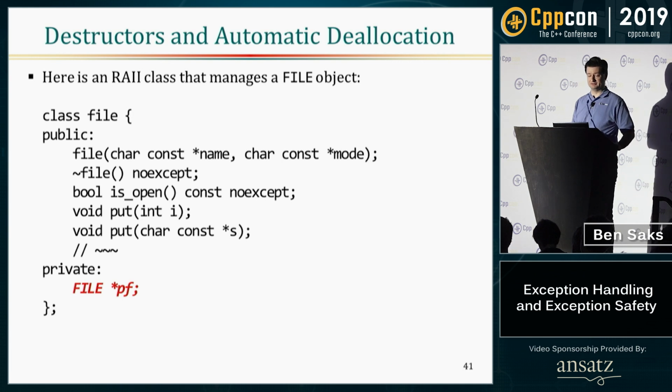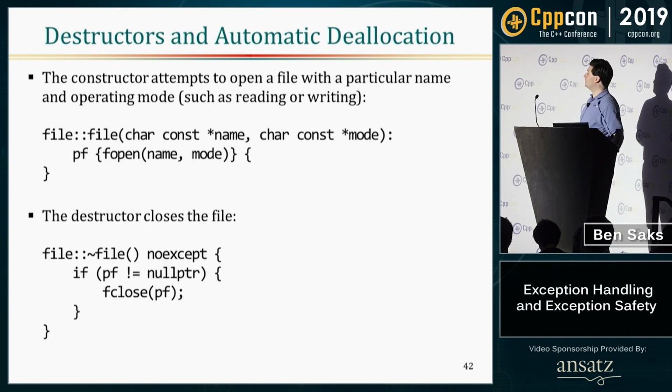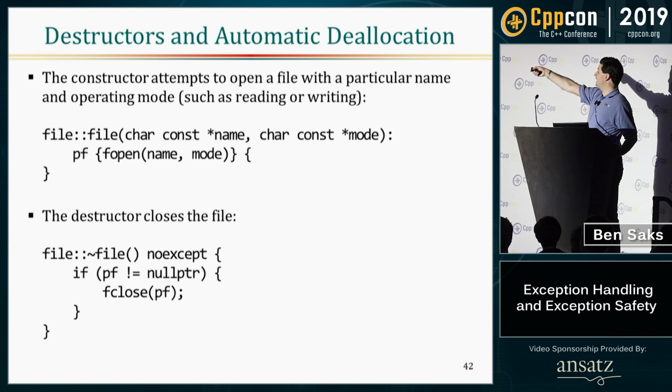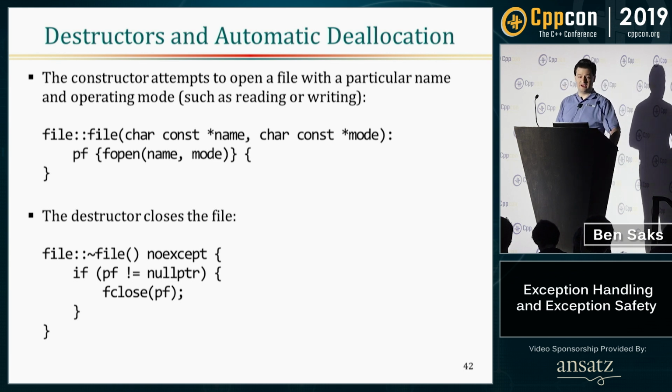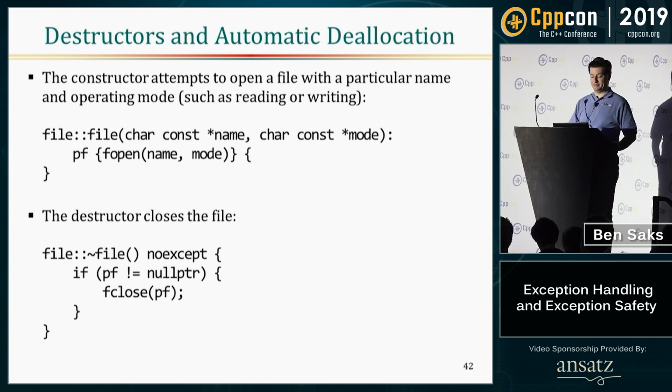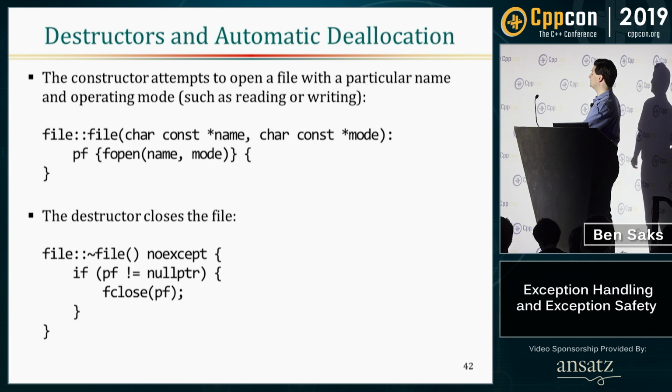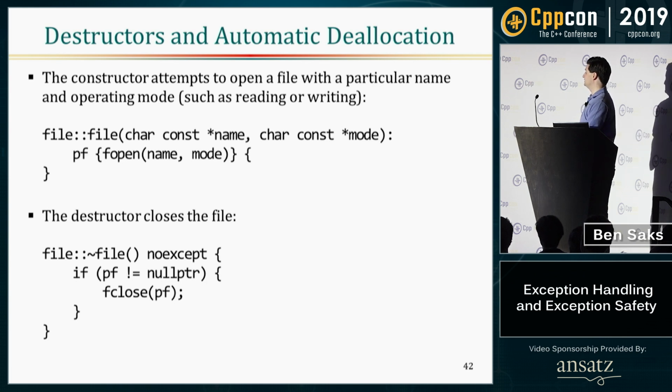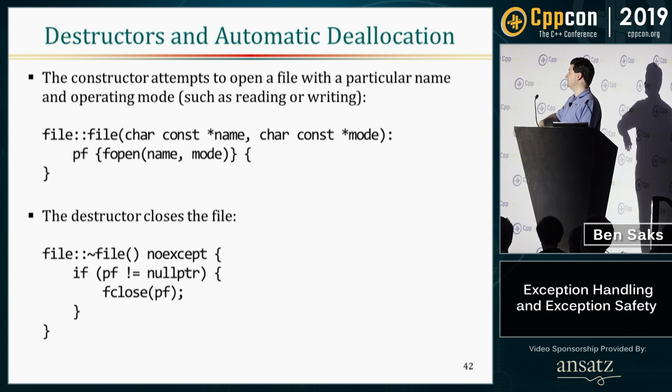I'll talk about that in just a little bit. So the constructor looks like this. It calls fopen and puts the results into the private data member pf, that is the pointer to the C file object that we're actually managing. And then the destructor checks to see if the file is still open, or rather, if it was ever opened in the first place. That's how we would get a null pointer there.